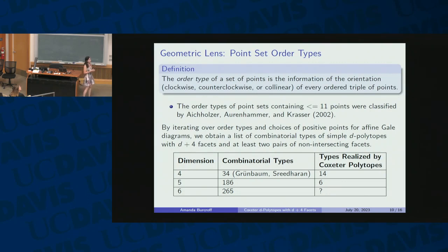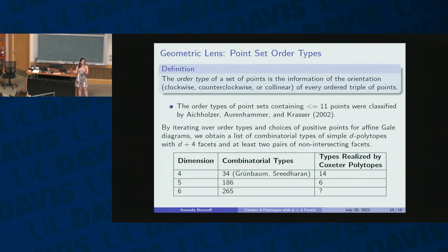And to study this, we then look at what is the order type of this point set in the plane, where order type is just the information of which triples of points are arranged clockwise or counterclockwise. And for up to 11 points, these were classified by Aichholzer, Aurenhammer, and Krasser in 2002.